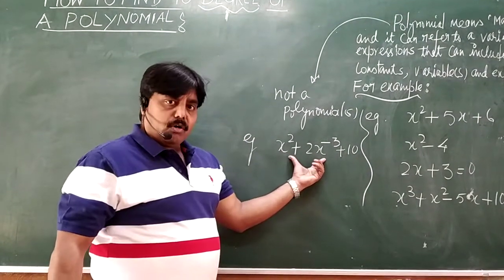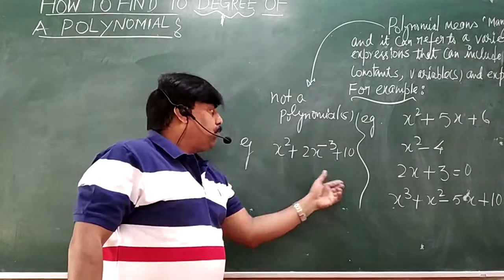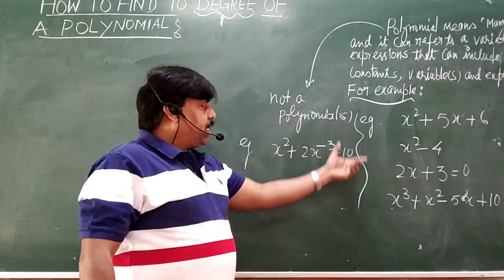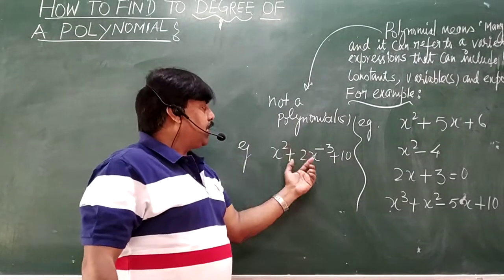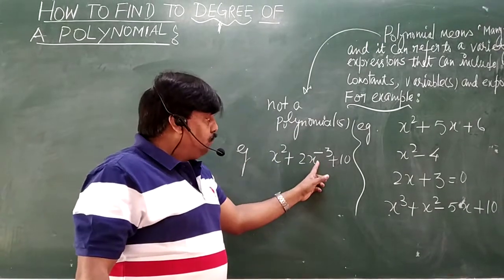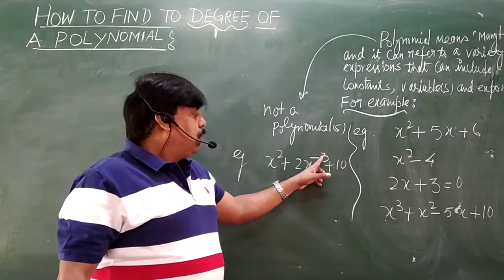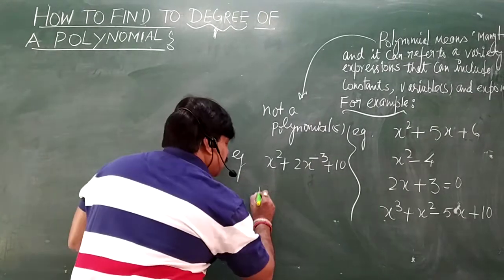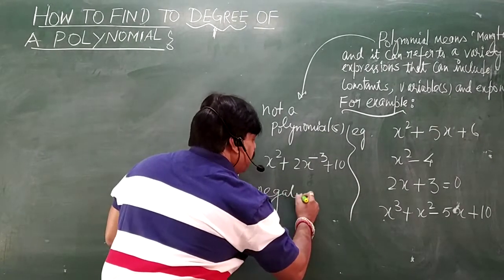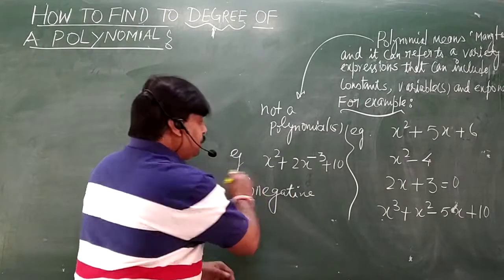This is not a polynomial. Now, question, ये polynomial क्यों नहीं है? Any algebraic expression cannot be a polynomial if the exponent of the variable is negative. It should not be negative, number one.